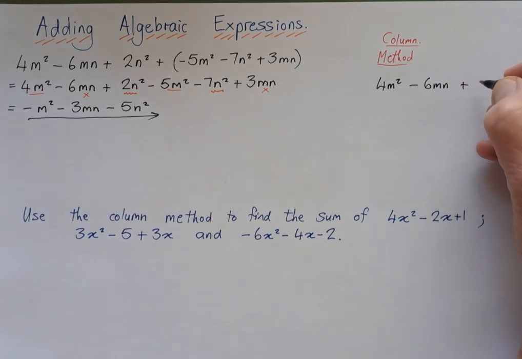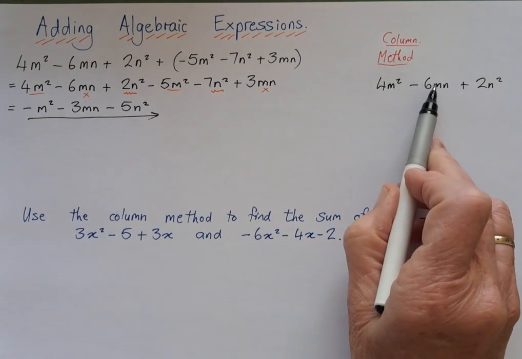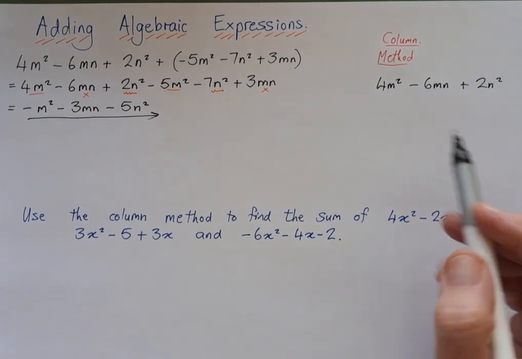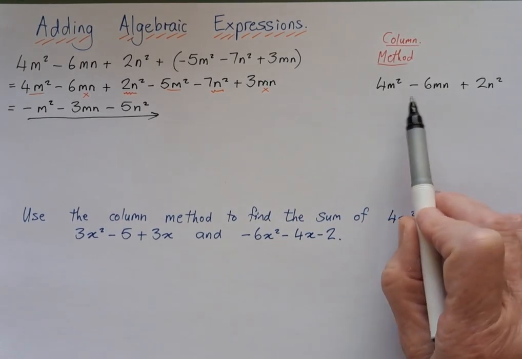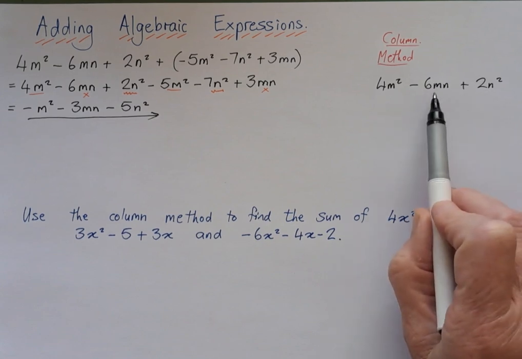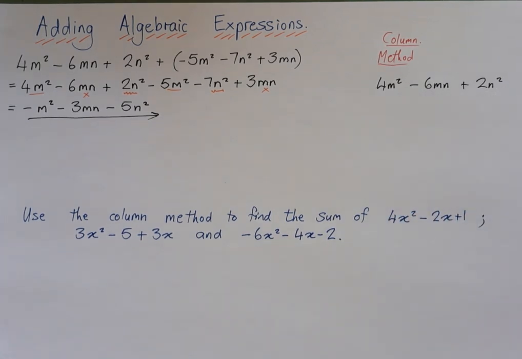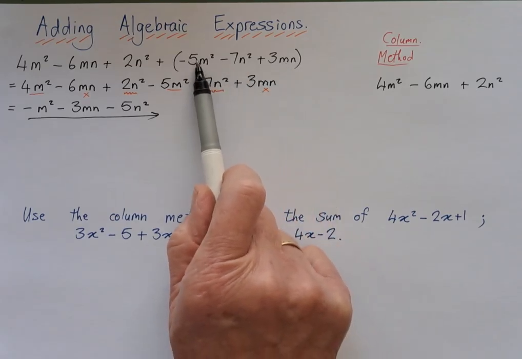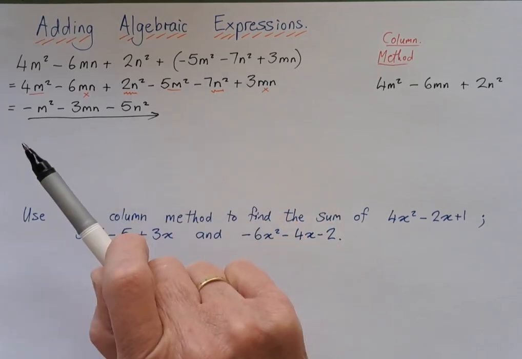And just to recap a little bit, if you have a look here, this is going in descending powers of m and ascending powers of n. And when we have an expression in two terms like that, in two variables like that, that is how we try to arrange it. So if we look at this one, we'll notice that it's not going in descending or ascending powers of the variables.